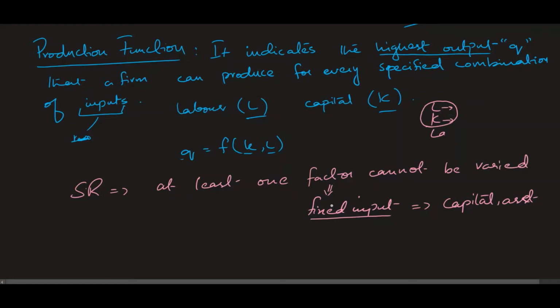So in the short run, the company or firm cannot vary the quantity of capital, but it can vary the number of labor. It can increase or decrease the number of labor it is employing. So at least one factor cannot be varied, and that particular factor is known as a fixed input, which is capital in this particular scenario.